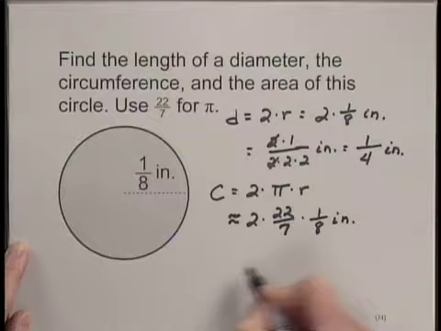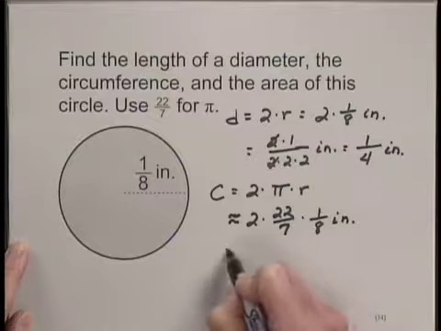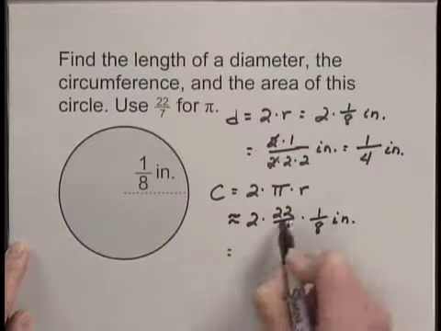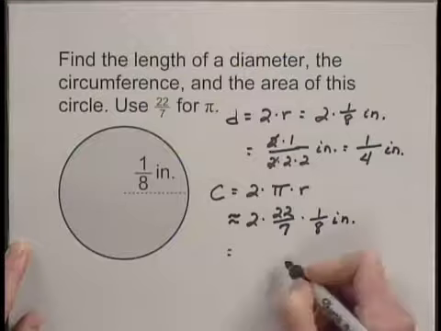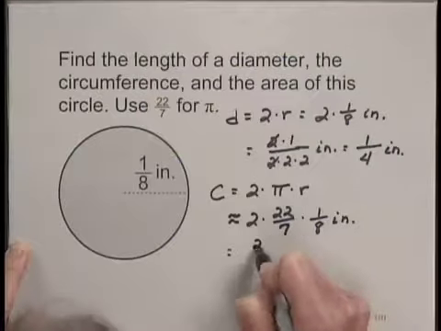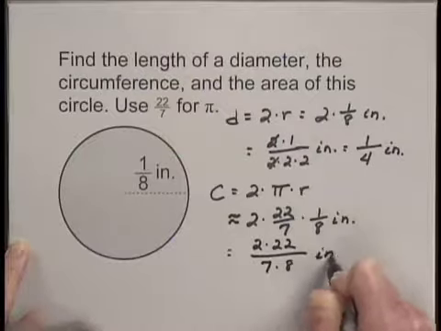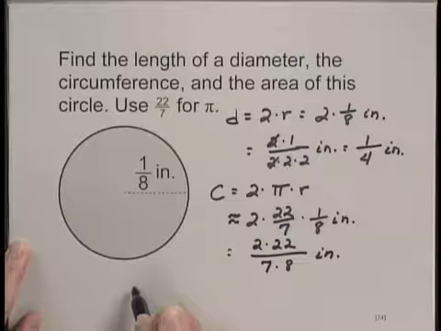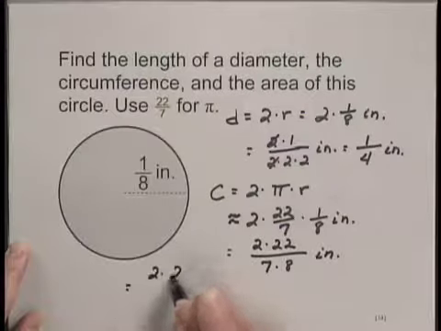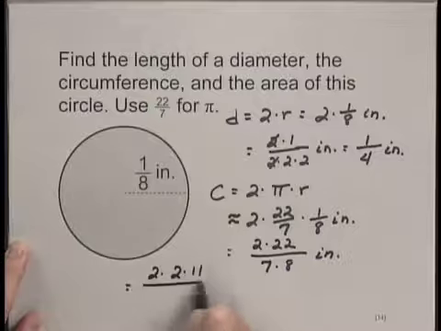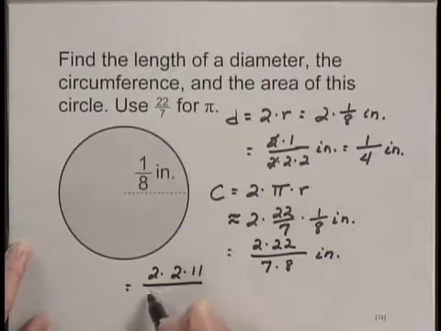inch. And multiplying now, in the numerator I have 2 times 22 times 1, or I'm just going to write it as 2 times 22. And in the denominator I have 7 times 8. And I can write 22 as 2 times 11. I want to simplify this fraction now, which is why I'm doing this.